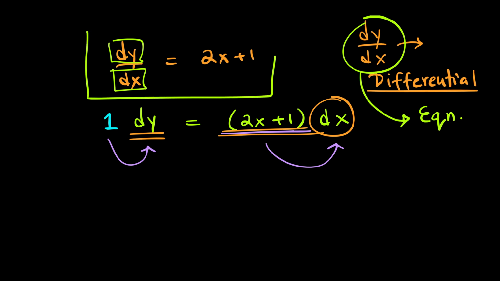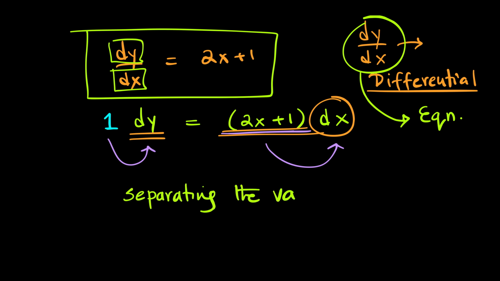So this is the beginning of differential equation. The second step that we did was separating the variables. We are writing x terms with respect to x. We are writing the constant, since there was no y term as such, with respect to y.